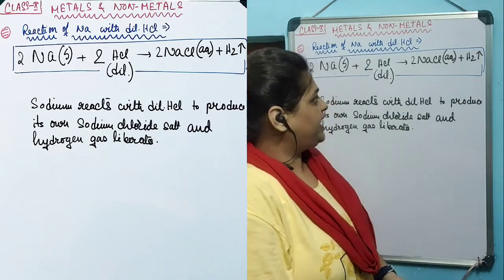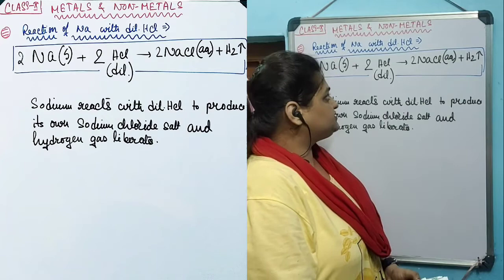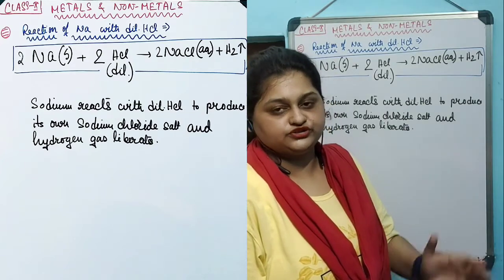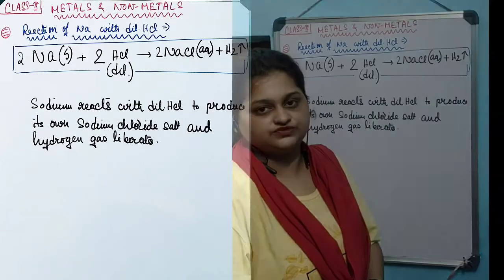This is the chemical reaction of sodium when it is reacting with dilute HCl, producing sodium chloride and hydrogen gas.